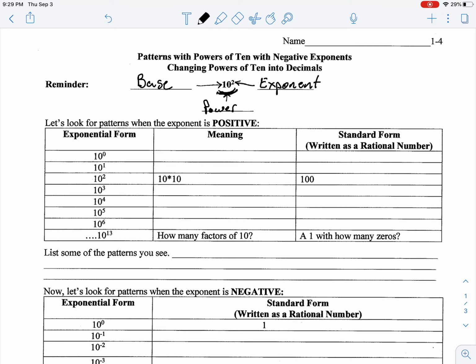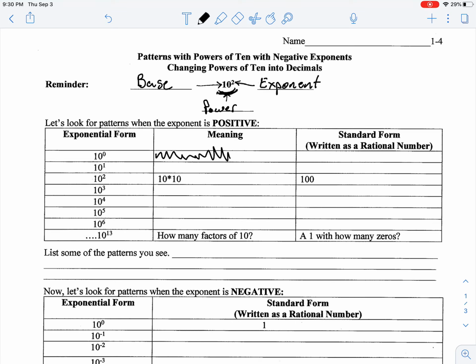Alright, so we're going to take a look for some patterns here when our exponent, the number up above the 10, is positive. So, 10 to the 0, its meaning is kind of hard to understand right now, so we'll just leave that blank.